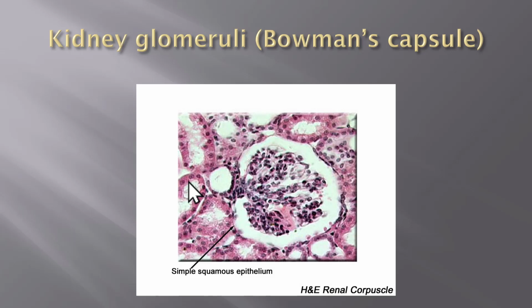So this is simple cuboidal epithelium. And this is what makes up the glomerulus of the kidney. The actual filter in the glomerulus is simple squamous epithelium, and you move into the tubules, and the tubules are simple cuboidal epithelium.